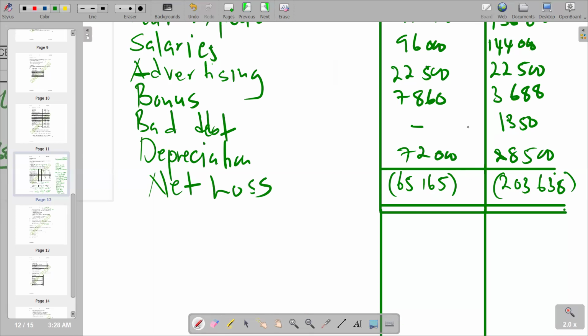So basically, this is what we have in terms of the preparation of the departmental income statement. The main purpose of preparing these departmental accounts is to make sure that the business identifies departments that are making losses and which are making profits, so that they can strategize in the future.